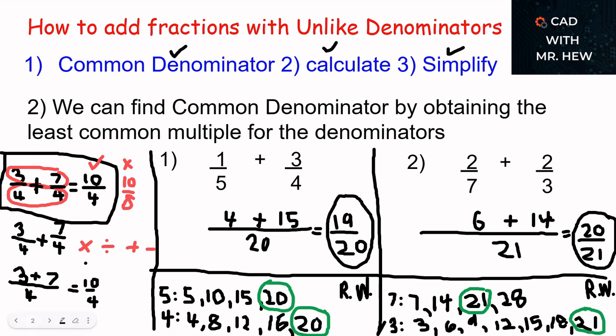I also reminded you of the order of operations.